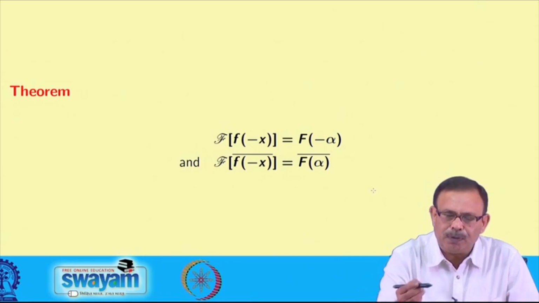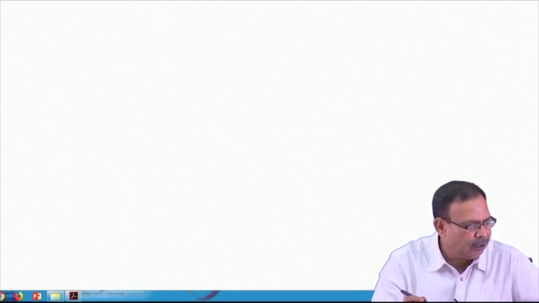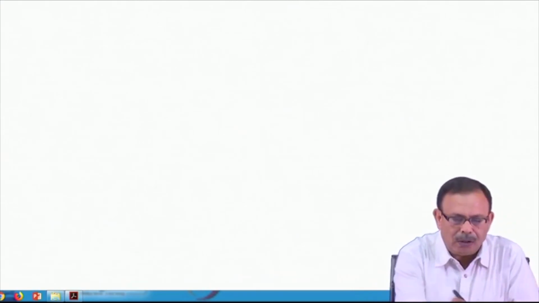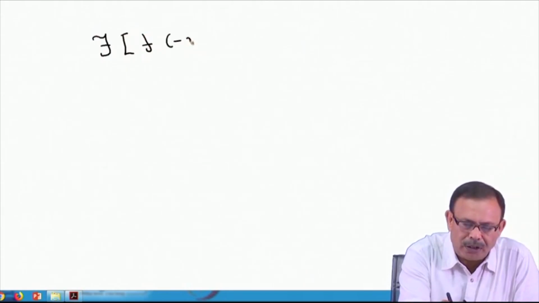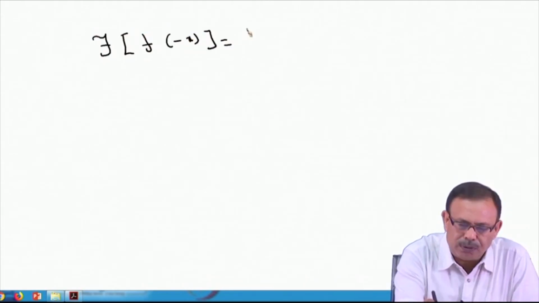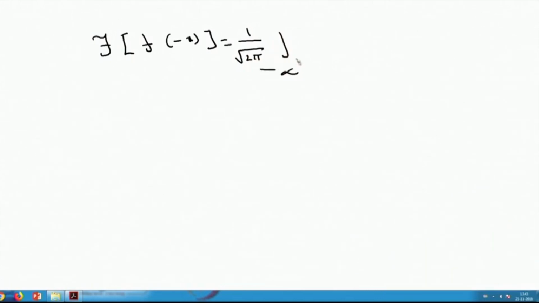Let us see the proof of the first one, then we will go to the second one. The Fourier transform of f of minus x is equal to 1 by root 2 pi, integral from minus infinity to infinity, f of minus x into e power i alpha x dx.